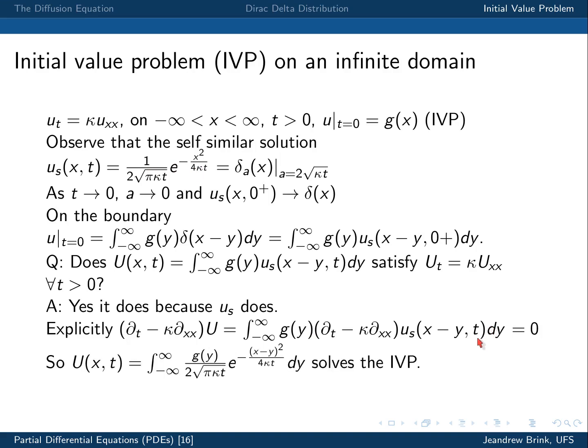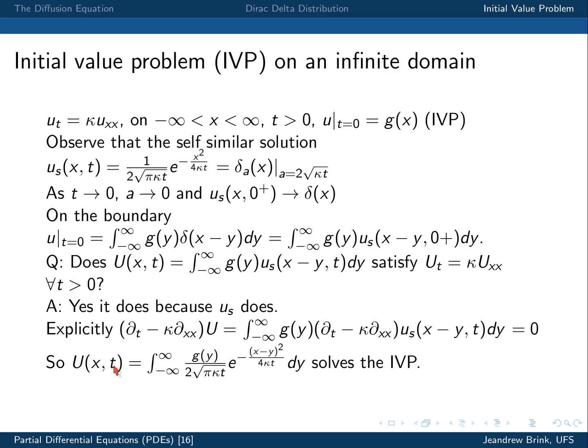So yes, we now have a solution to the initial value problem, and that solution can be described as this: simply the value on the initial data slice, in other words t equals 0, divided by the square root of 4 pi kappa t, multiplied by the exponential of minus x minus y, the point at which the function is being evaluated on the initial data slice, squared, over 4 kappa t, dy from 0 to infinity. Okay, and that solution is valid for all x and all t, provided t is greater than 0.